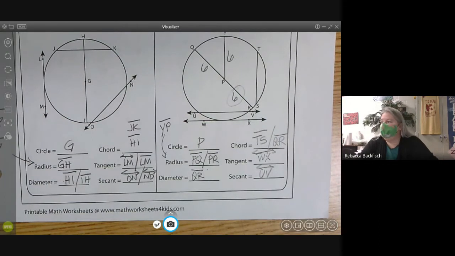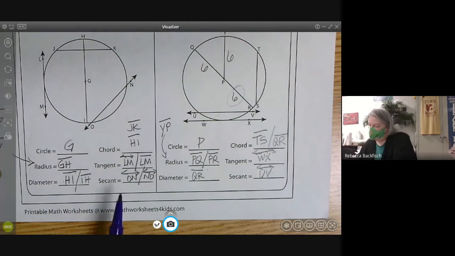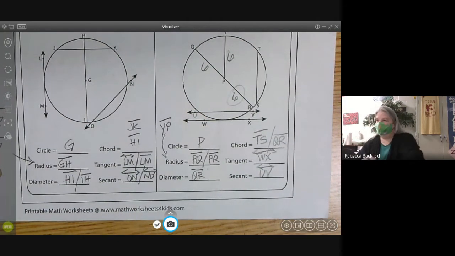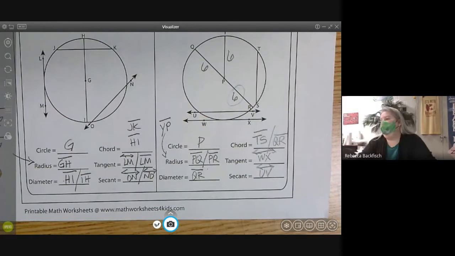Any others you guys want to ask about? On the tangent, ML is fine too. How about any on number 4? We good?